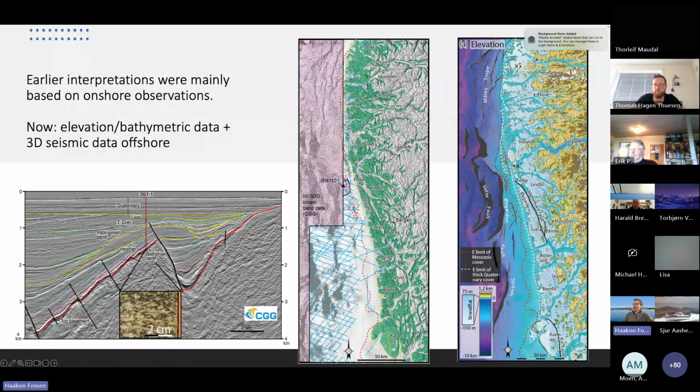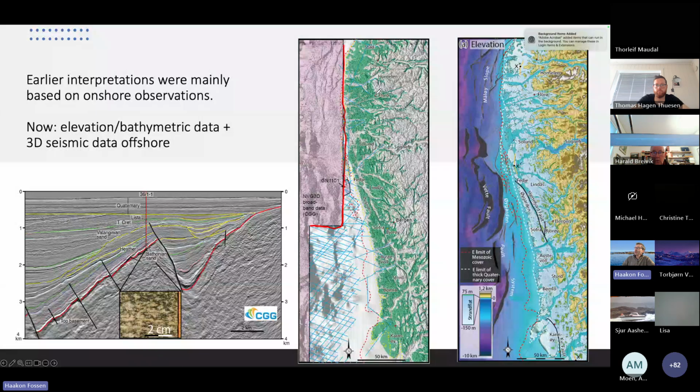In particular, this area here is very well covered by very good, high quality 3D seismic data that goes all the way into the strandflat area, which is marked in green, and allows us to connect the strandflat to the North Sea Rift Basin.